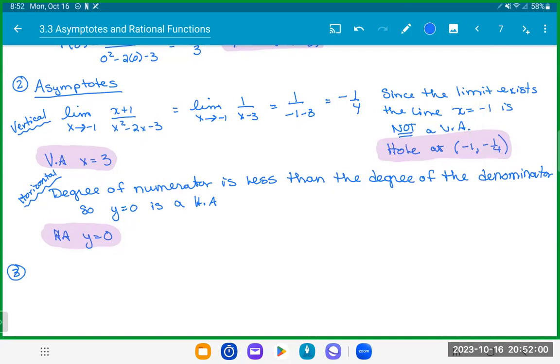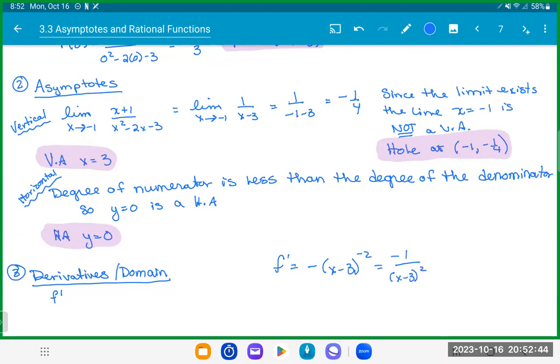The third thing is derivative and domain. So our first derivative is negative (x minus 3) to the negative 2, that is negative 1 over (x minus 3) squared.